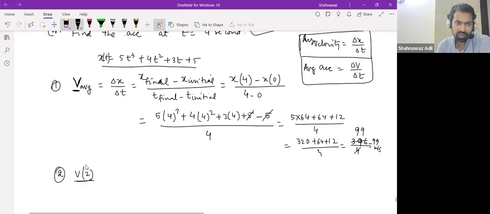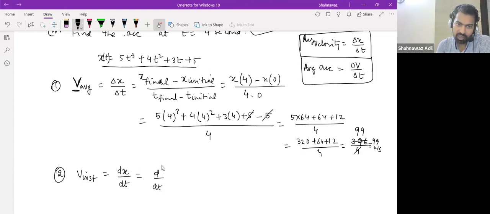Instantaneous velocity, right? So V instantaneous is dx by dt. So velocity is change in distance divided by change in time. So then dx is given, and you guys quickly calculate, and everybody try this problem.